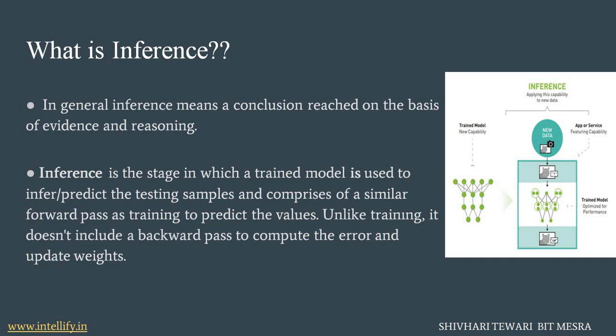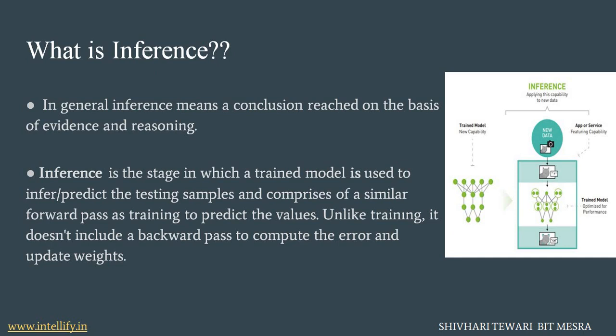So basically, in inference we use the training dataset, the trained model, to predict something, to infer something on the basis of our test samples, which comprises some forward passes, and we do not include the backward pass. That means the backpropagation process is not happening in this inference system.